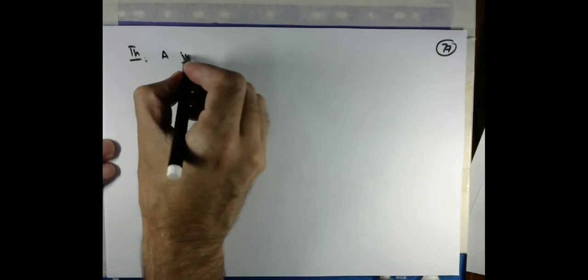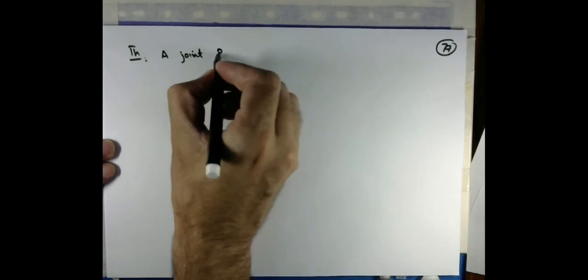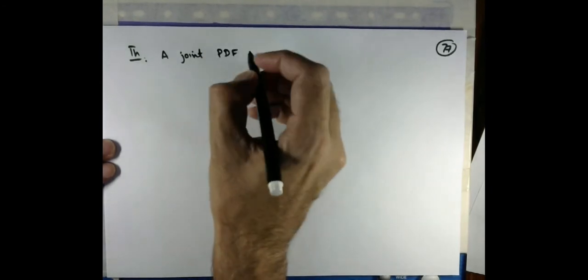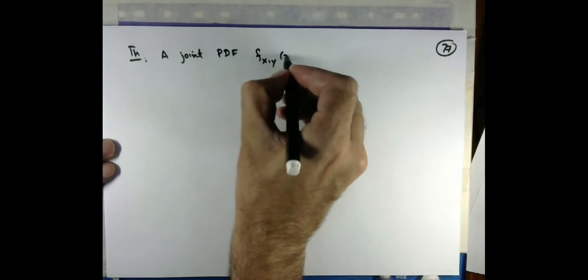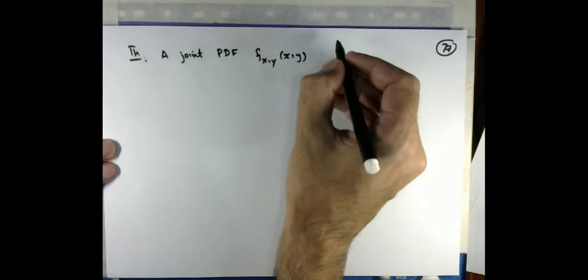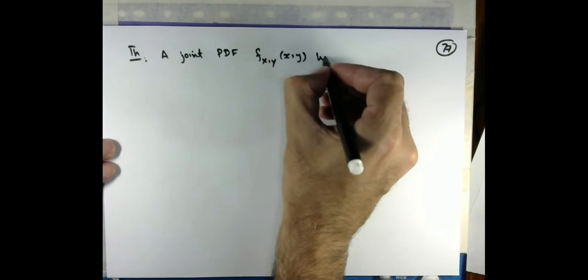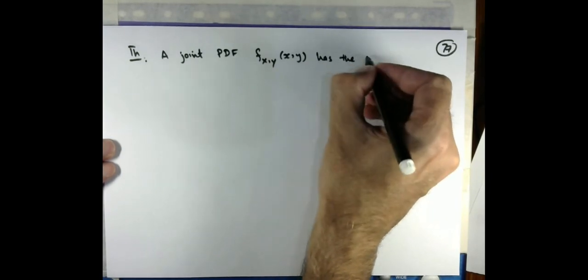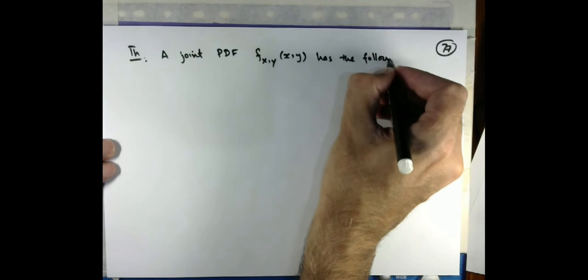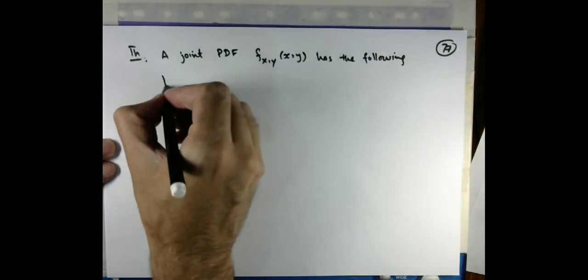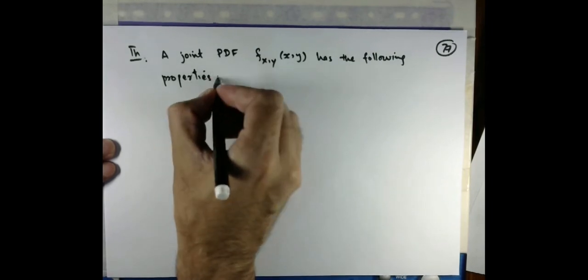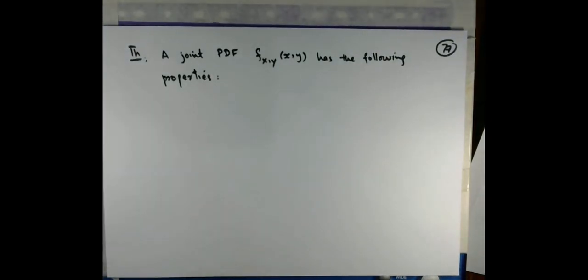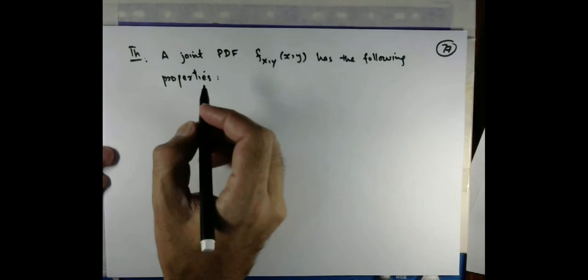So a joint PDF, say f sub x comma y of x comma y, has the following properties, and these are associated with the basic axioms of probability.